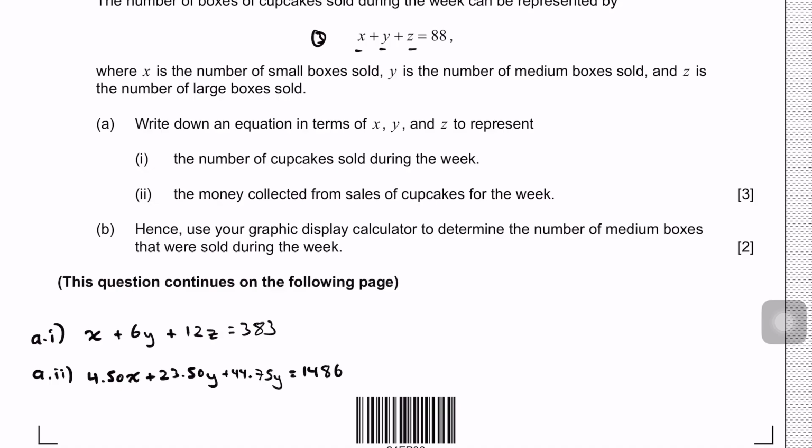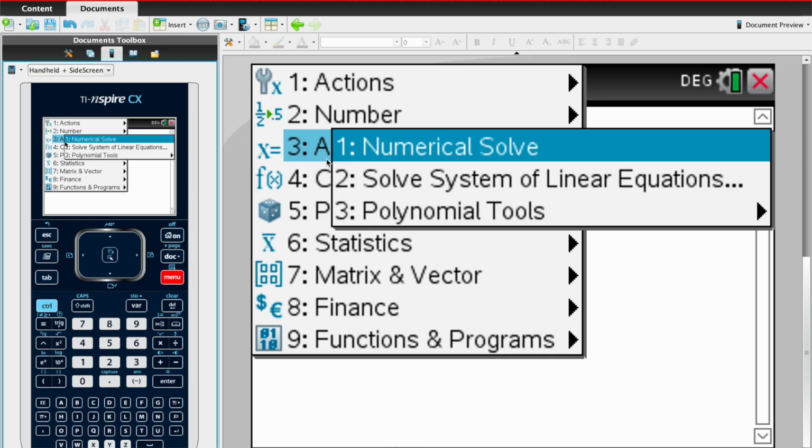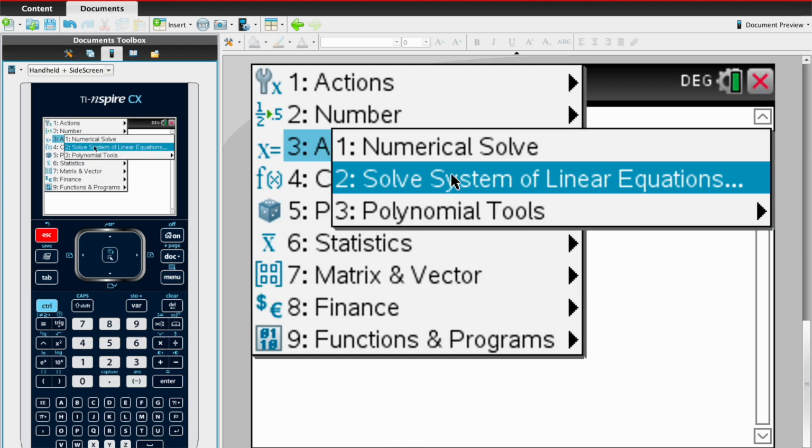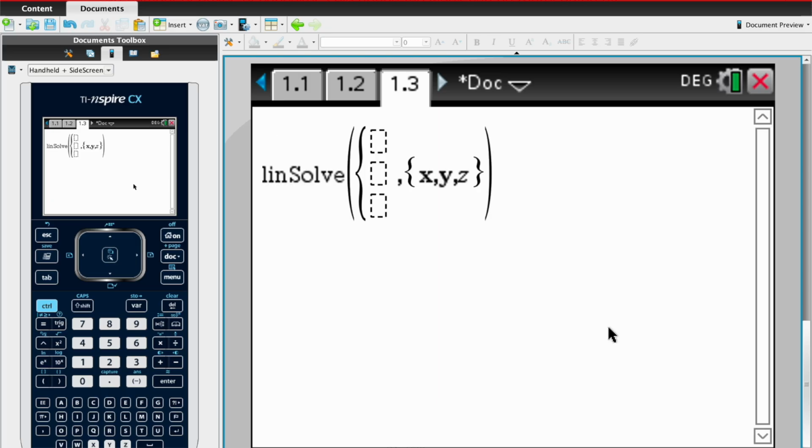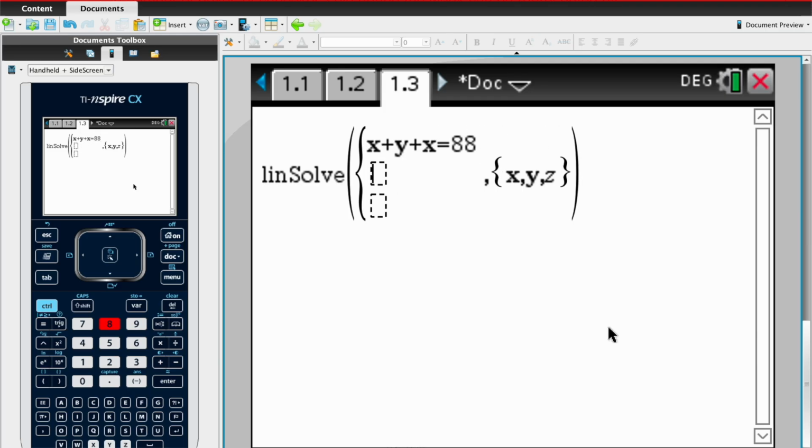So let's go back to the calculator. In this case, we are going to go back to algebra, and we want to solve a system of linear equations. How many equations? 3 equations. This will populate z, and now we can just put these in. This is the first one they gave us: x plus y plus z equals 88.